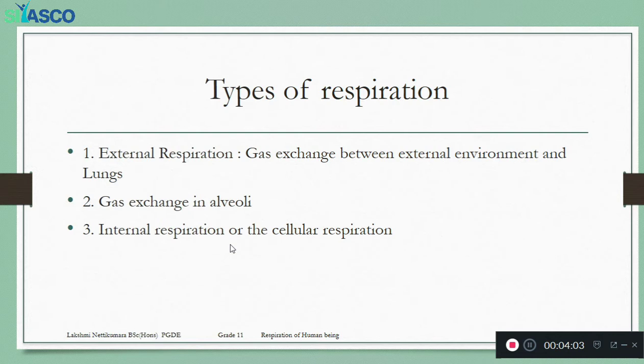That is not the energy production. The real respiration is the formation of energy. But for that formation of energy, these other kinds of activities are also needed. Here, we can divide respiration into 3 stages: external respiration, gas exchange in the alveoli, and the internal respiration of the cellular respiration.